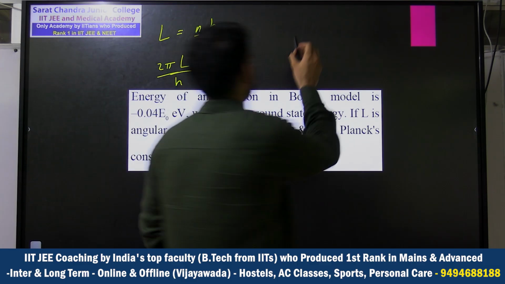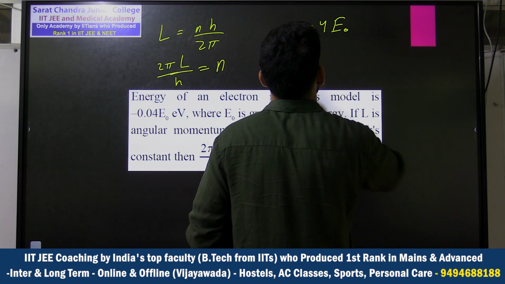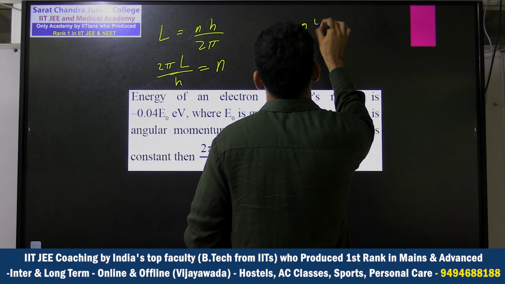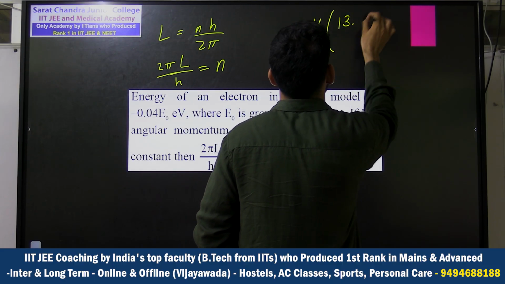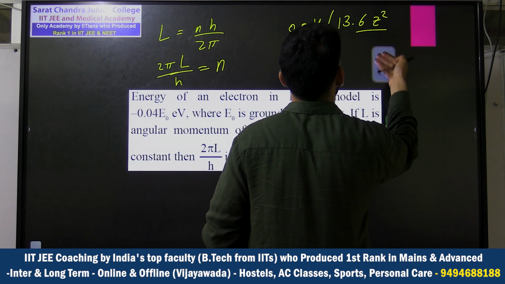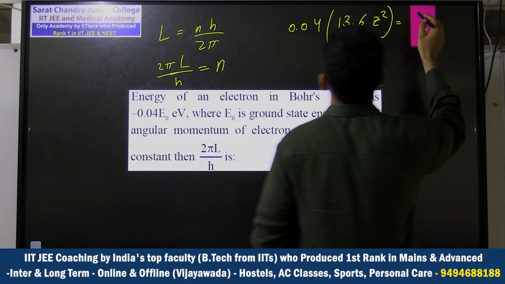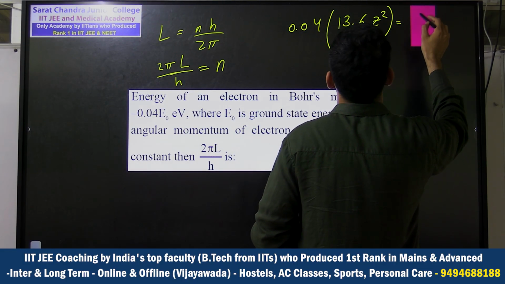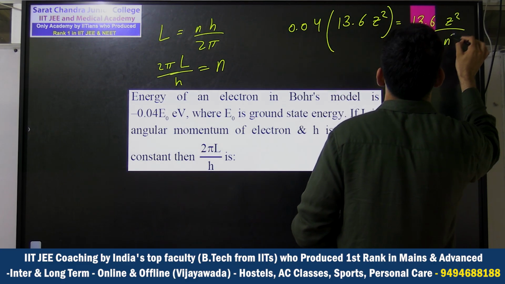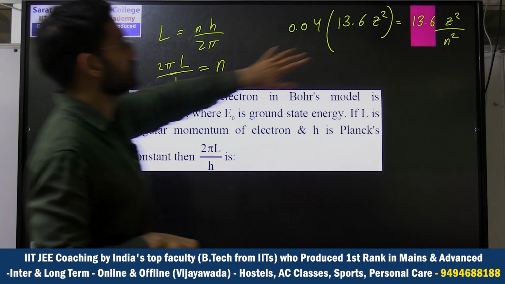So you can say 0.04 E0. E0 is how much? The ground state is 13.6, into Z square by N square, with N equal to 1.